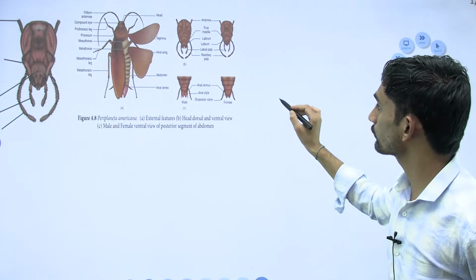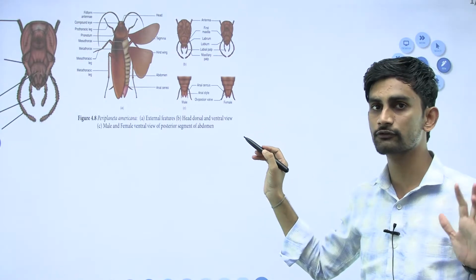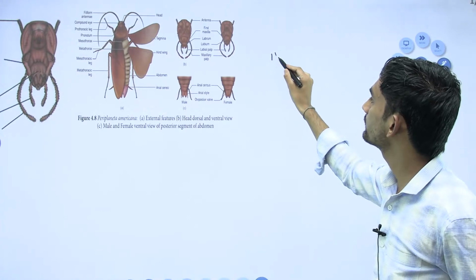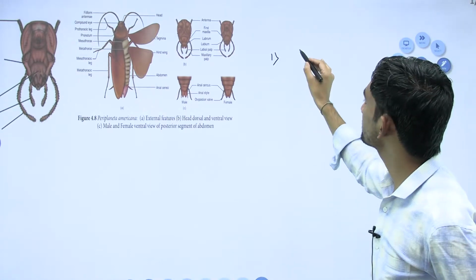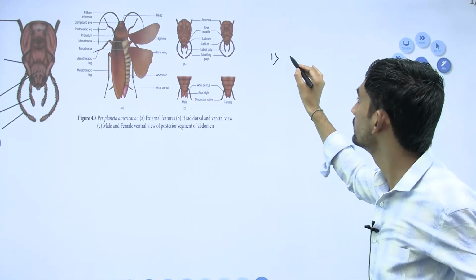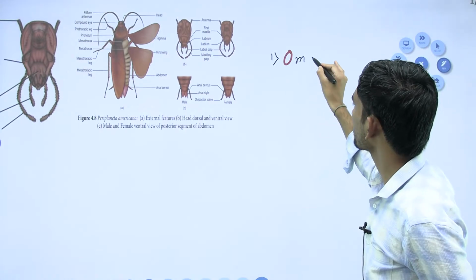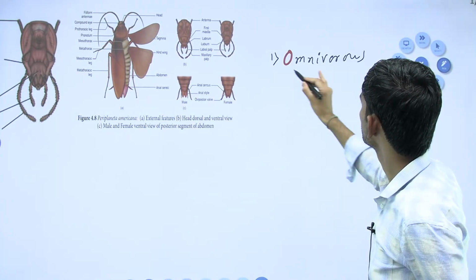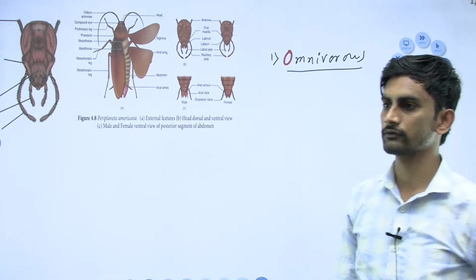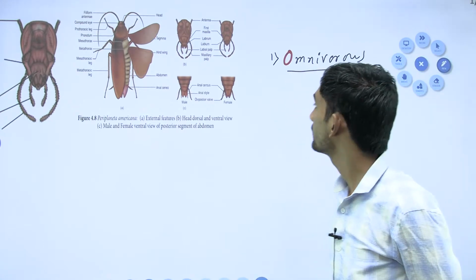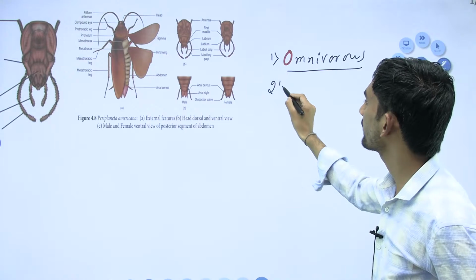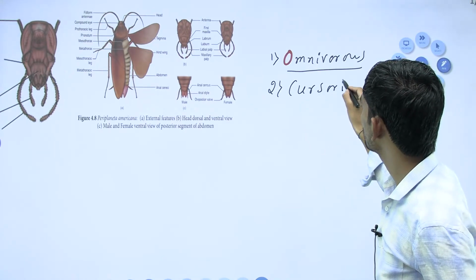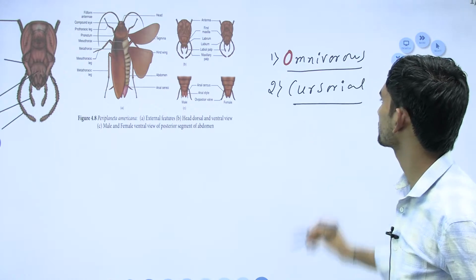In this cockroach, first some important points you should remember. Number one, cockroaches have an omnivorous habit, omnivorous in nature. This is the first important point. Second, you have to remember that these are cursorial type of animals.